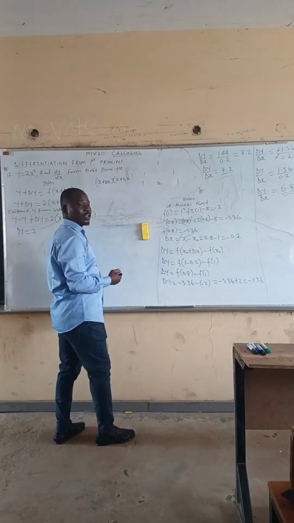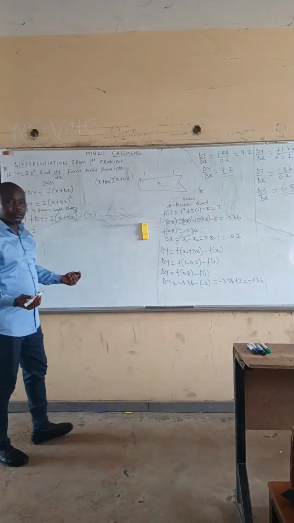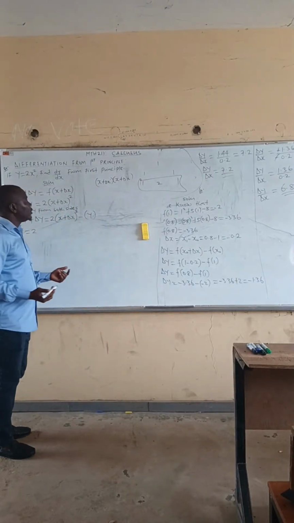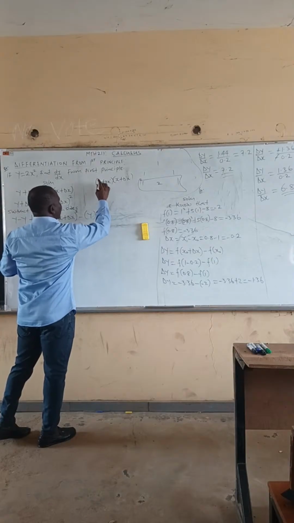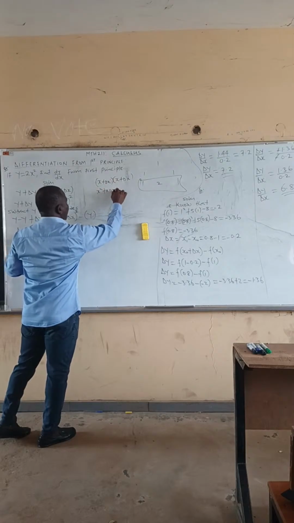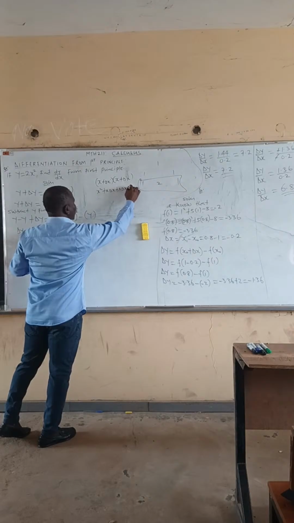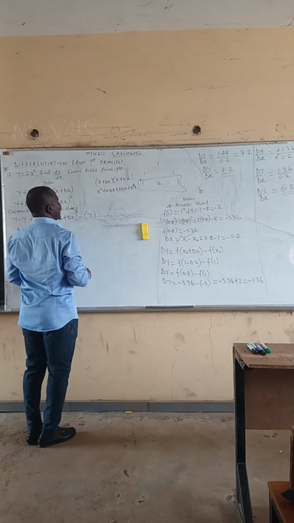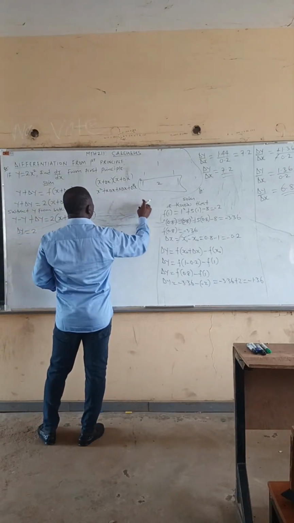Since it is raised to power 2, you just need 1, 2, 1. That will be the answer. Or you follow this way: this times this x squared, this times this plus x dx, this times this plus x dx, this times this plus dx squared. Is that clear?